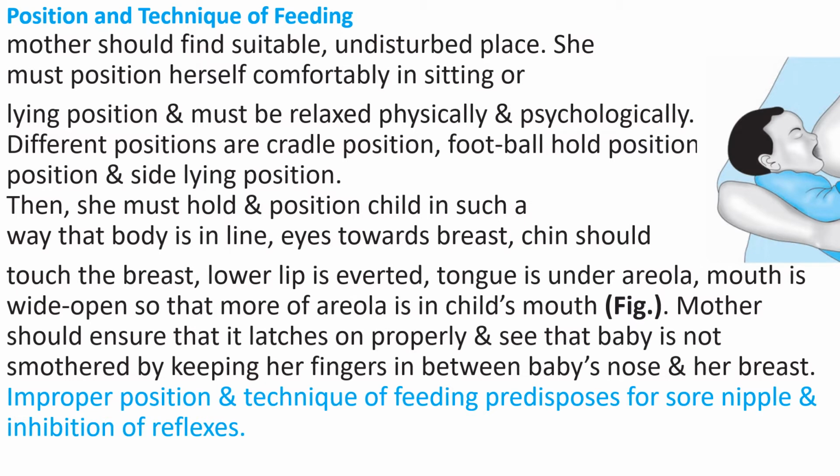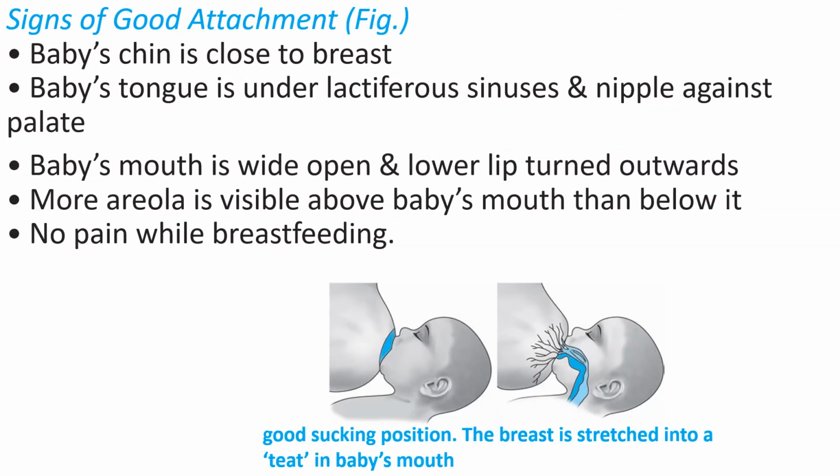Mother should ensure that it latches on properly and see that baby is not smothered by keeping her fingers in between baby's nose and her breast. Improper position and technique of feeding predisposes for sore nipple and inhibition of reflexes.